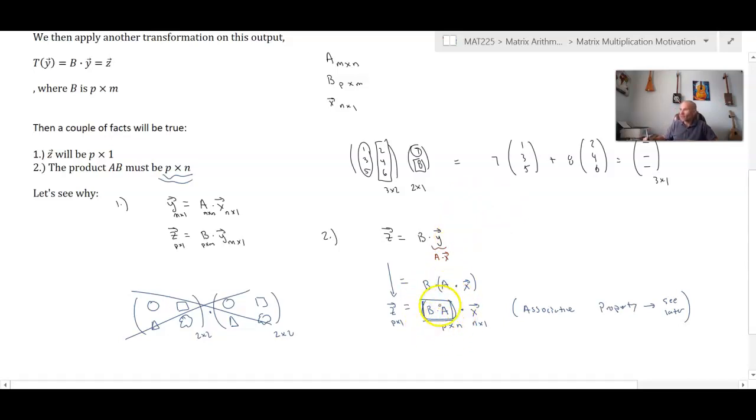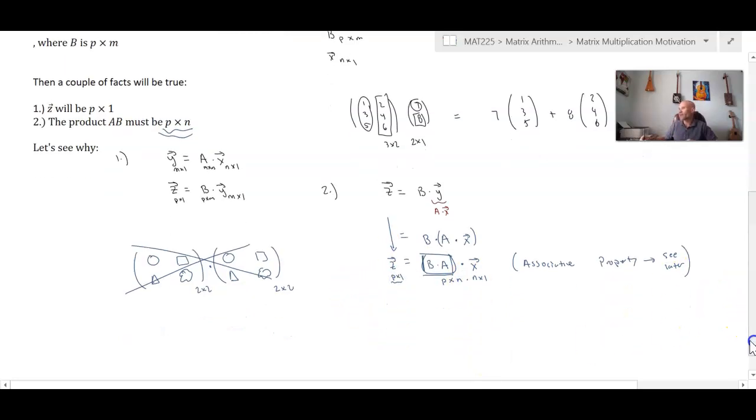So we know that this matrix, whatever it ends up being, has to be p by n, so that a p by n times an n by 1 gives us a p by 1 vector. Now let's analyze B and A. We know that B times A is going to be p by n. We know by the problem statement that B is a p by m matrix. We know that A is an m by n matrix.